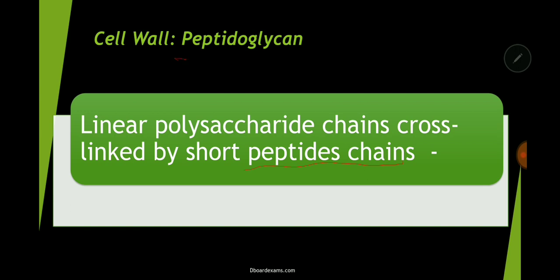Remember, pepto means protein, and glycan means it has some sugars, some carbohydrates, so saccharides. So this is very important. The cell wall is made up of a molecule called peptidoglycan, and it is made up of protein and some carbohydrates, which is saccharides.